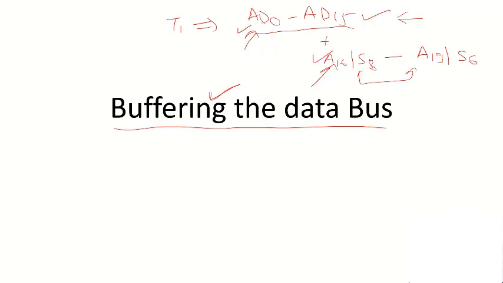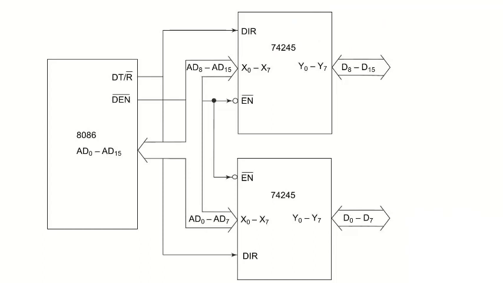The ALE signal is used to demultiplex the address and address data bus and address status signal. Like this, the data can be separated from the address bus and buffered with the help of a bidirectional buffer, that is 74245.